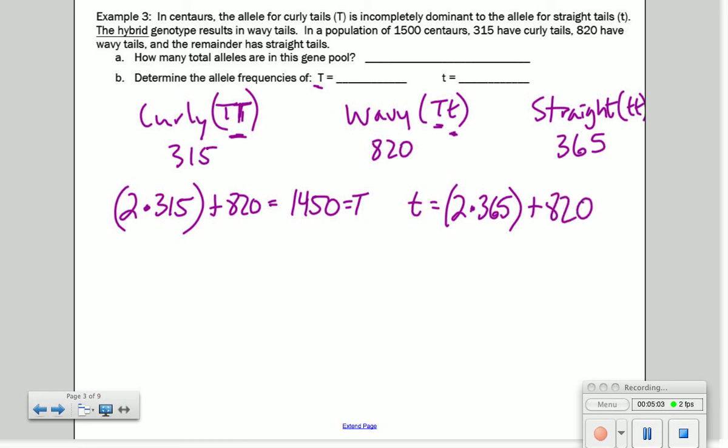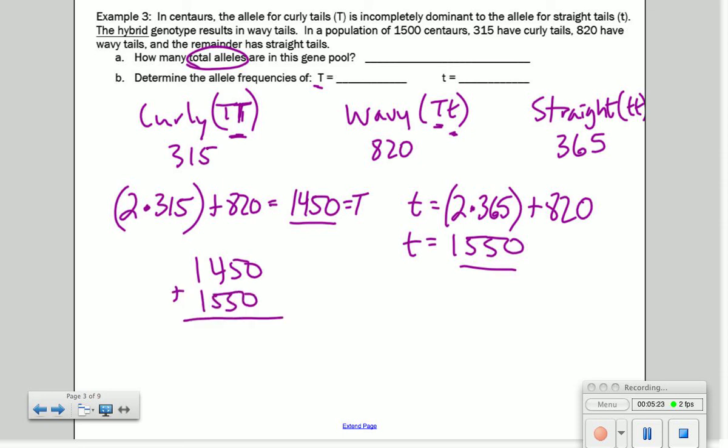So my total for little t is 1,550. So when it's asking me for the total alleles, I need to add this number with this number. Add that up, I get 3,000. So 3,000 total alleles in this gene pool.